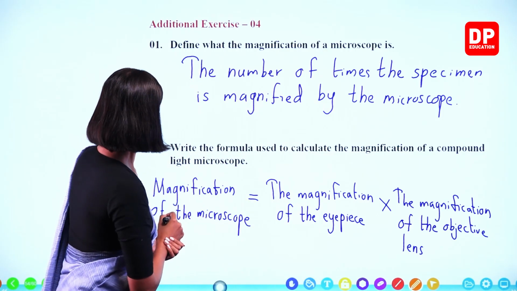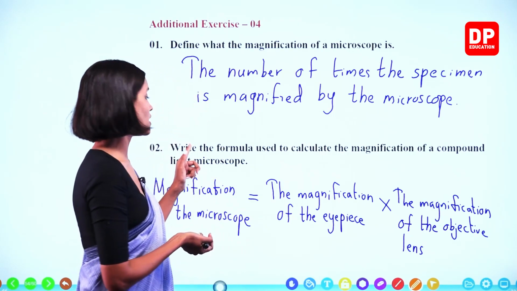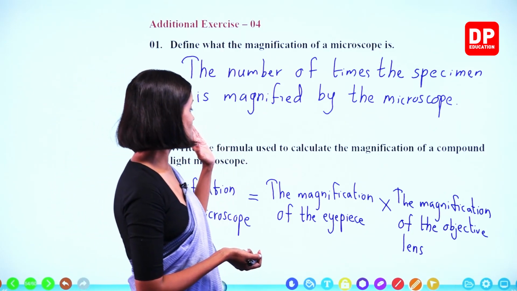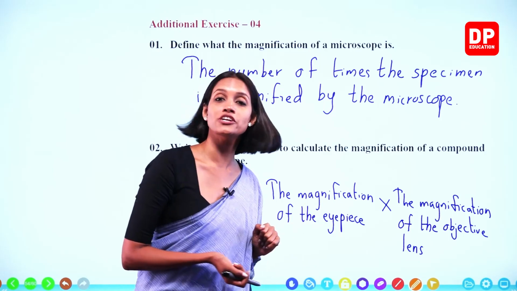Write the formula used to calculate the magnification of a compound light microscope. Magnification of the microscope equals the magnification of the eyepiece into the magnification of the objective lens. Right?